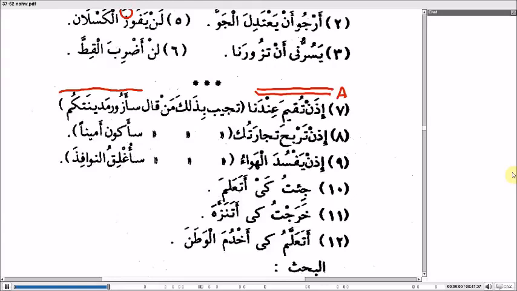The same thing goes if someone says سأكون أمينا. I'm going to be trustworthy. Then the person would say what, Muharram? How would he respond? Sa'akunu aminin. I'm going to be trustworthy.